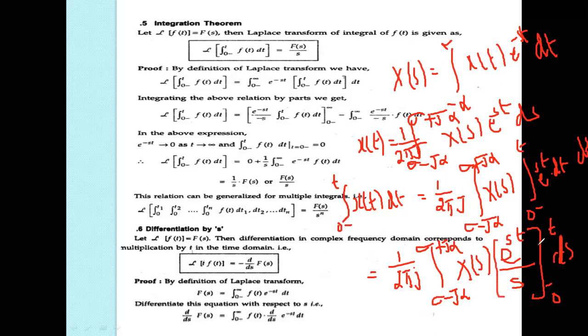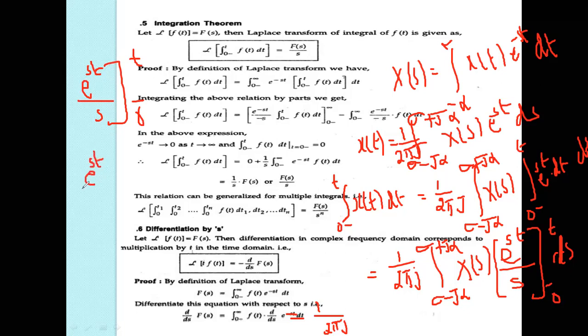Okay. So apply here the upper limit and the lower limit. 1 by 2 pi j. I'm taking e power st by s with t and 0 minus. Upper limit I am substituting with respect to t only. So substitute t.